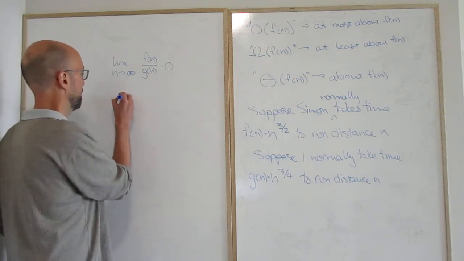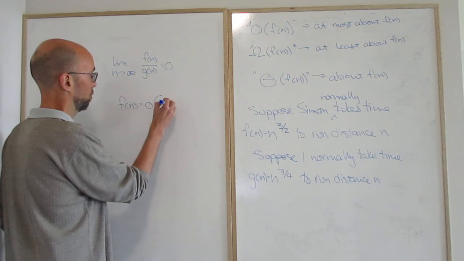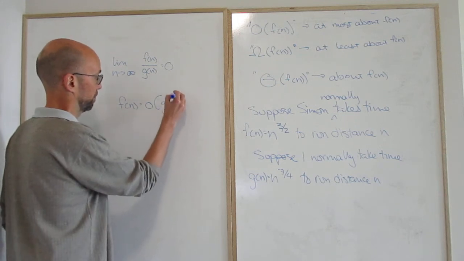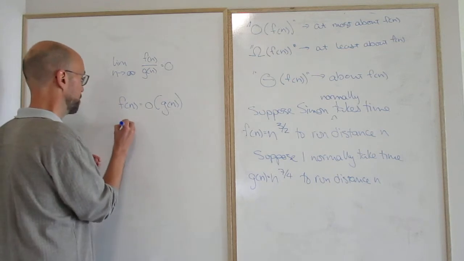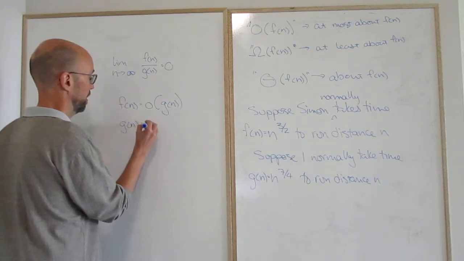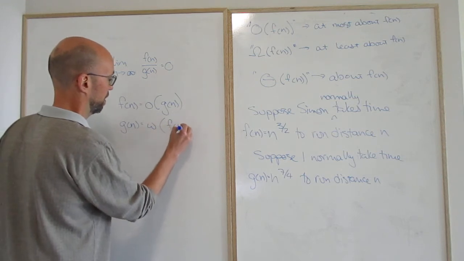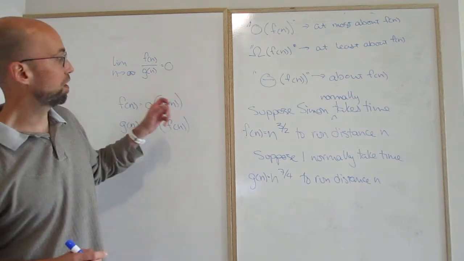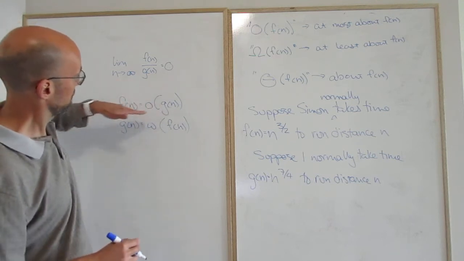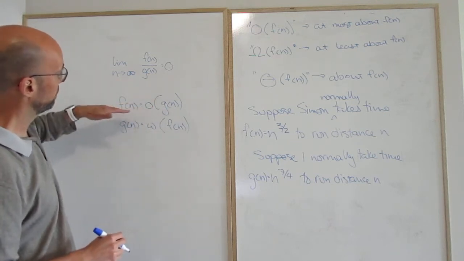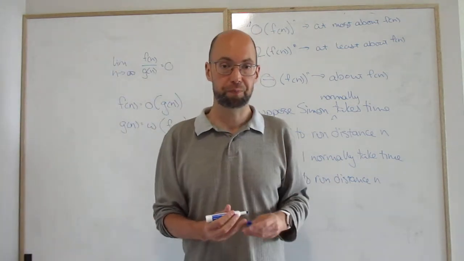We just say f of n is little o of g of n. Or equivalently, you might say g of n is in little omega, that looks like a w, of f of n. So this isn't at most about, this is actually a lot smaller than. And this is a lot bigger than, but for sufficiently large n.